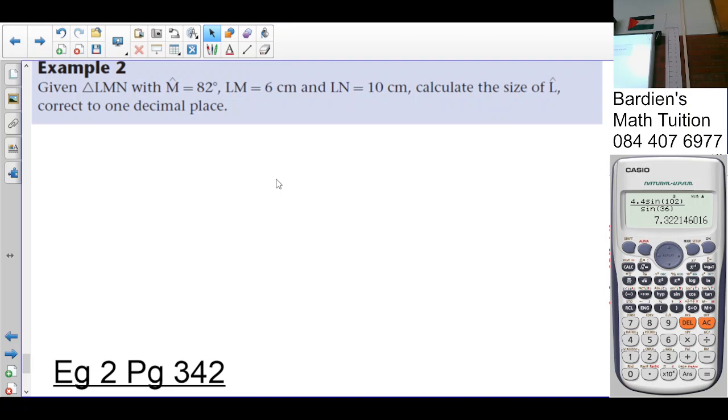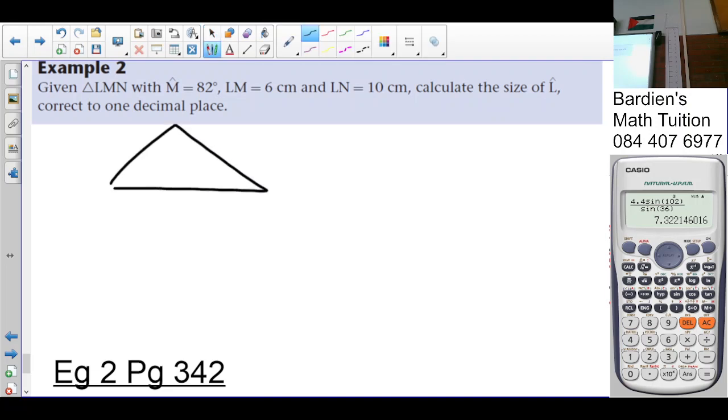So we draw a triangle LMN with angle M 82. So there goes 82 degrees. LM is 6. NL is 10. Calculate the size of angle L correct to 1 decimal. So where do we start?